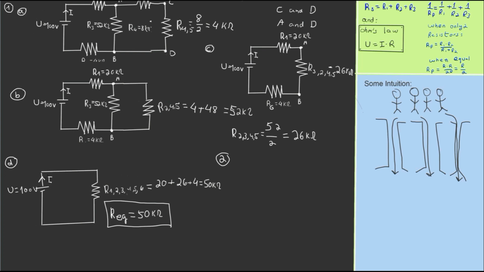What would be I? Simply I equals U divided by R, and we have U equals 100 volts. R is a single resistor that equals 50 kilo ohms, and that gives us 2 milliamps as a total current.